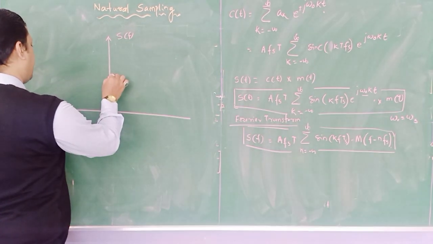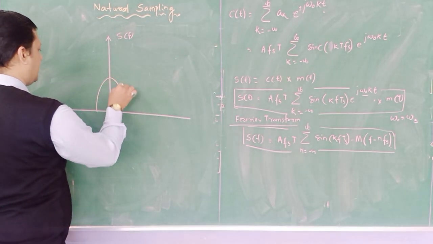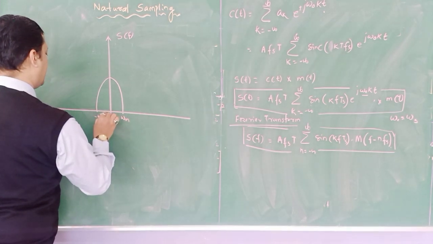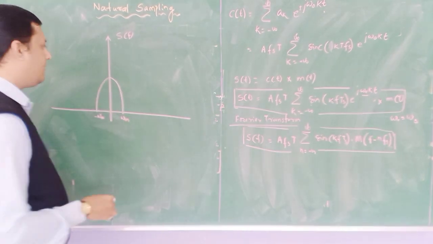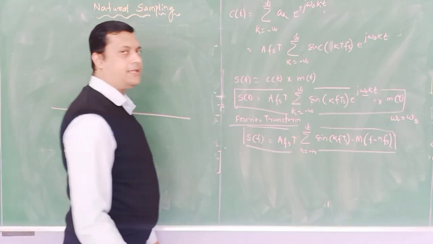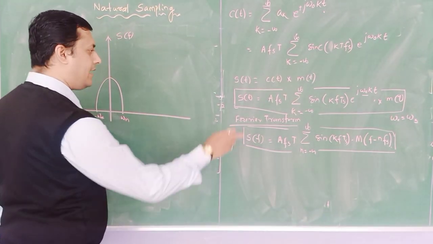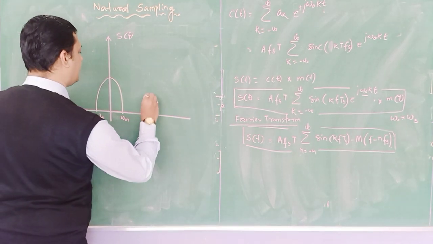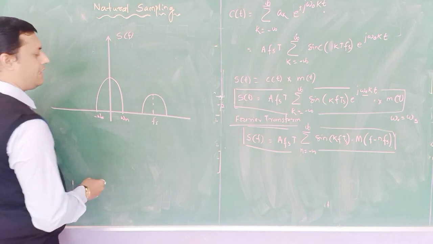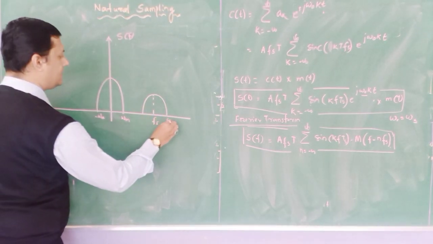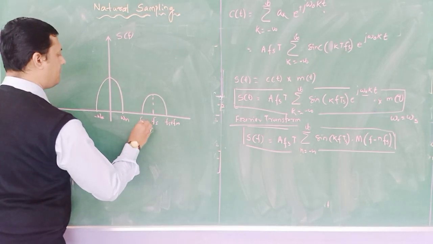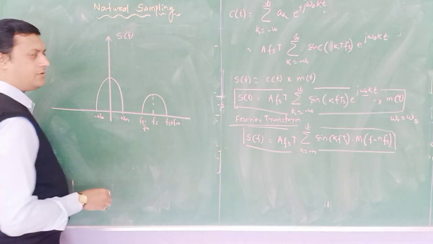So I will get the maximum amplitude between minus omega m and omega m. Next, if n is positive, if n is 1, f minus fs, that means at fs we will get one form, that is fs plus fm and fs minus fm.